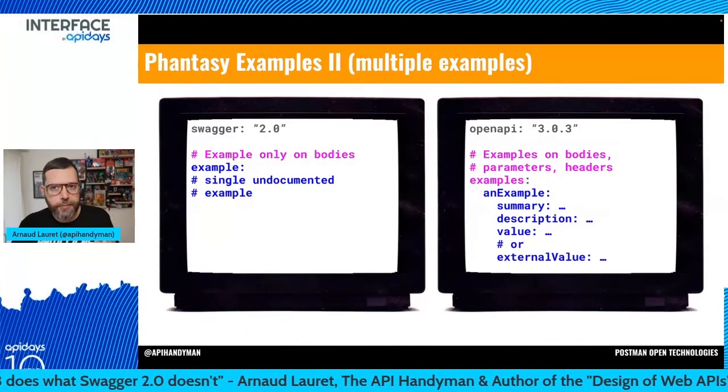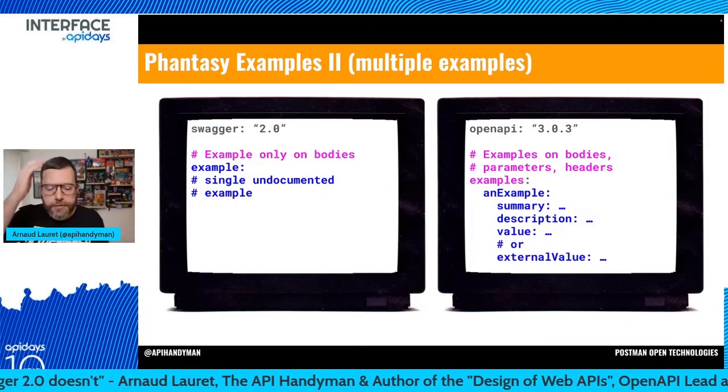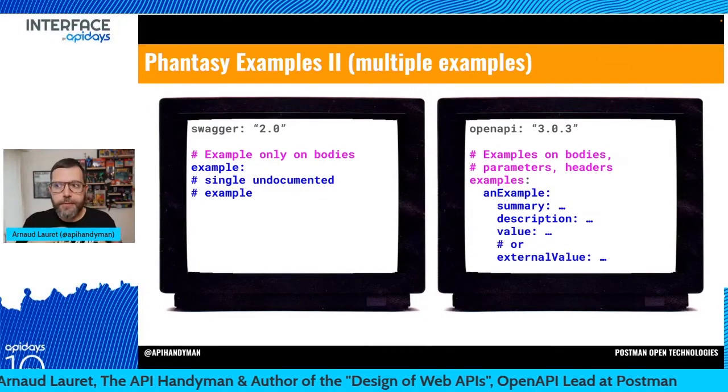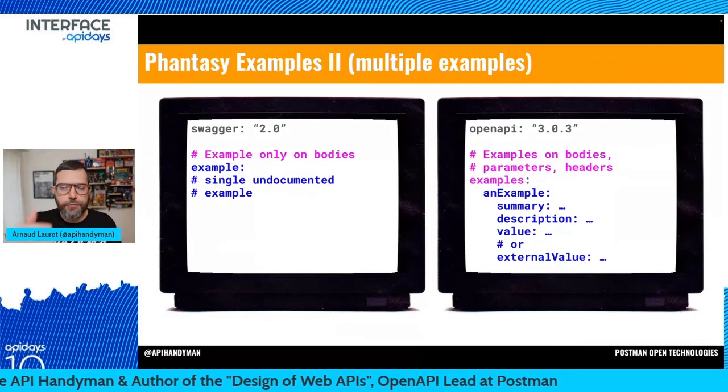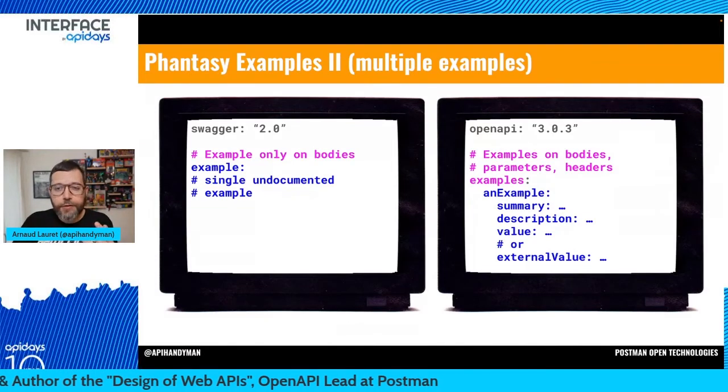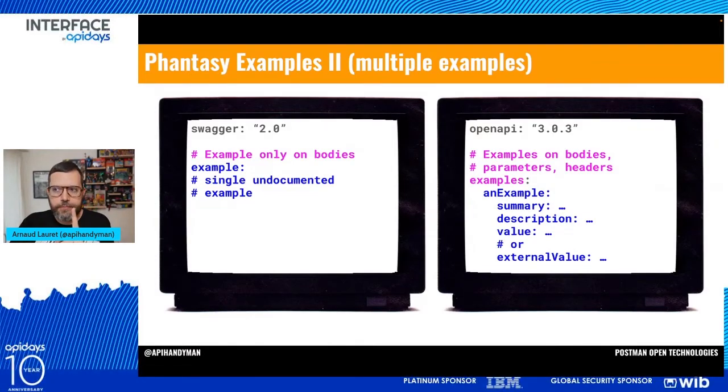That was a real problem. And if you wanted to put examples on request or response bodies, you could only have one example. You could possibly use a trick, cheating with the content type inside example, to put multiple examples, but it was not made for that, and the rendering in documentation is not really cool.